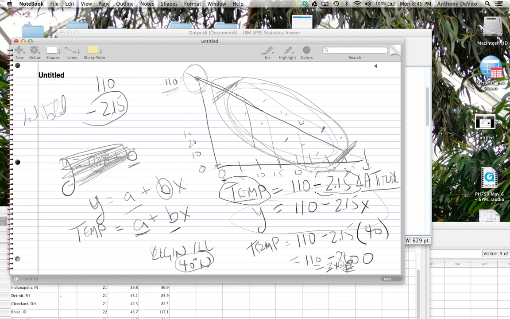However, let's say we're looking at this from a public health perspective. And instead of trying to figure out temperature, we're trying to figure out the rate of diabetes in a population. And we're interested in knowing what the average rate of diabetes is based on a number of different factors.